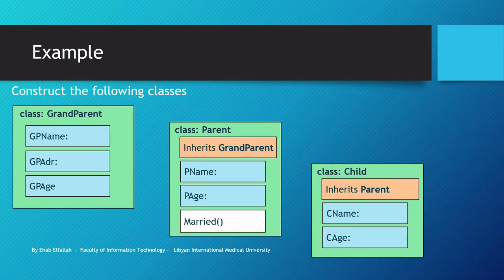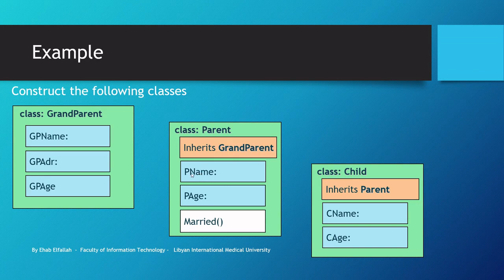Okay, we have these examples. The example asks us to construct the following classes. We have three classes. We have grandparent, and inside the grandparent class we have three attributes: the grandparent name, grandparent address, and the grandparent age. The second class is called parent, and this class inherits from the grandparent.